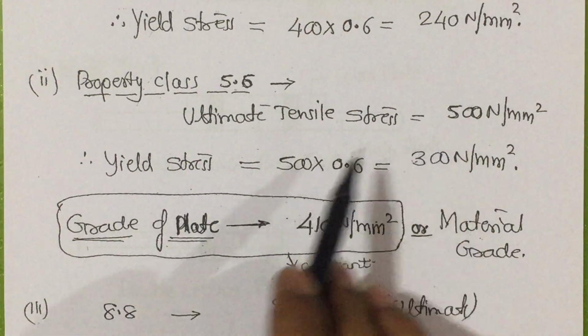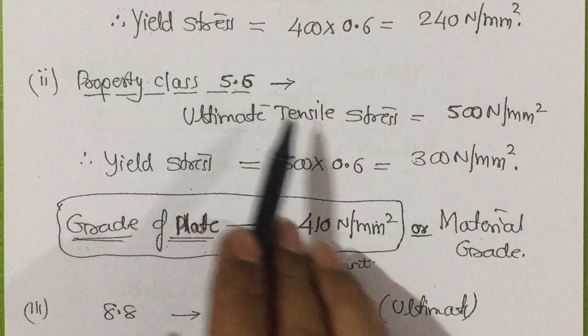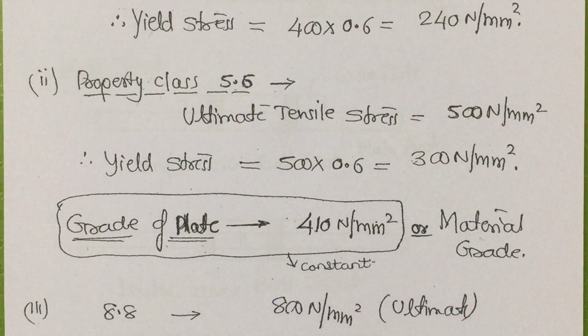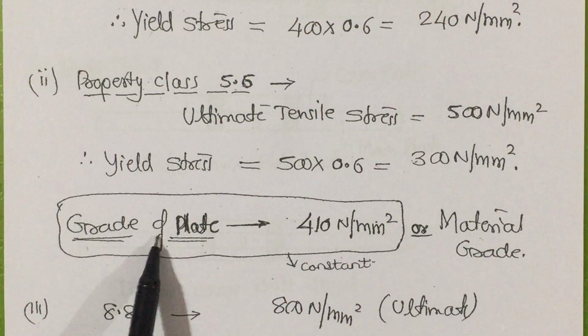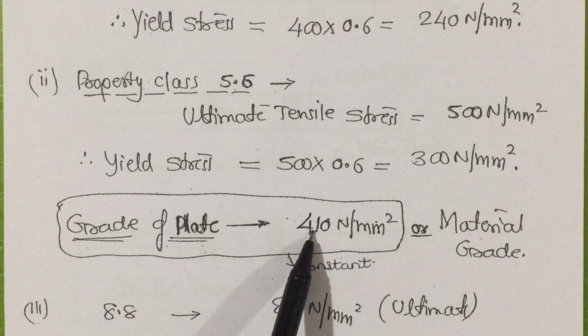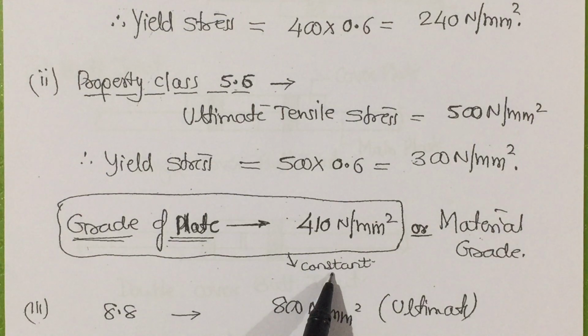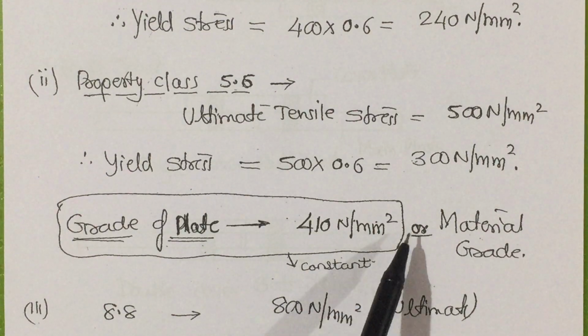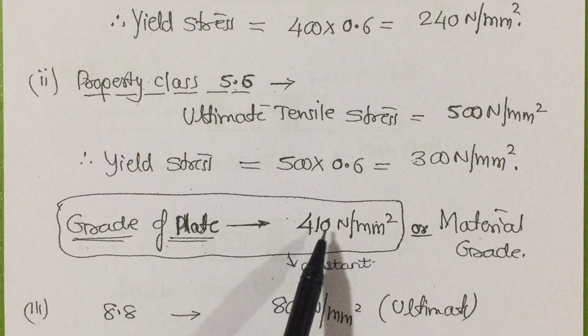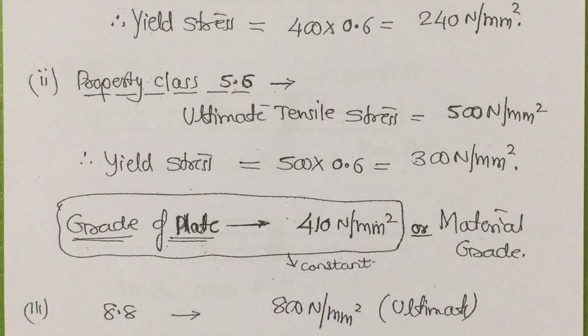Yield stress is equal to 500 multiplied by 0.6, 300 Newton per mm square. And the grade of the plate will be 410 Newton per mm square, and this is common, it will be constant for all the problems. We call that the material grade, it is the grade of the plate.